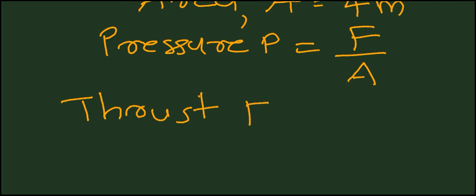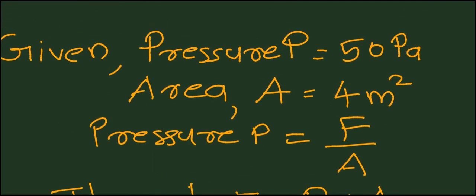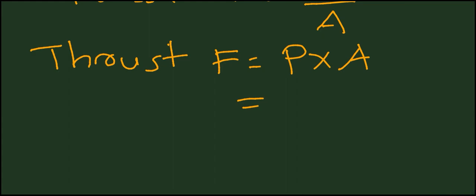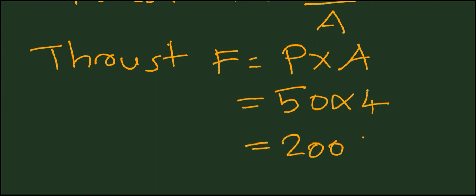F is equal to P into A. The values are already given directly, 50 and 4. So please directly substitute here: 50 multiplied by 4 is equal to 200 Newton. This is the final answer. Okay students, this is the final answer. Please write it.